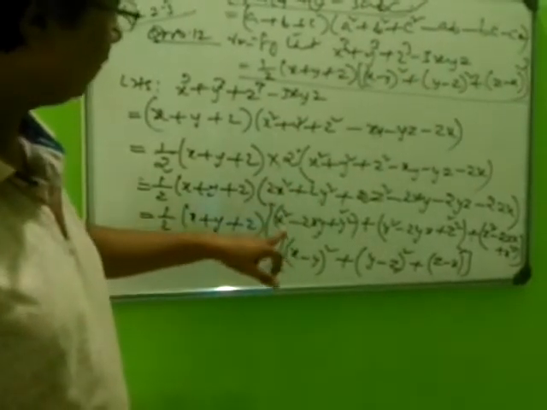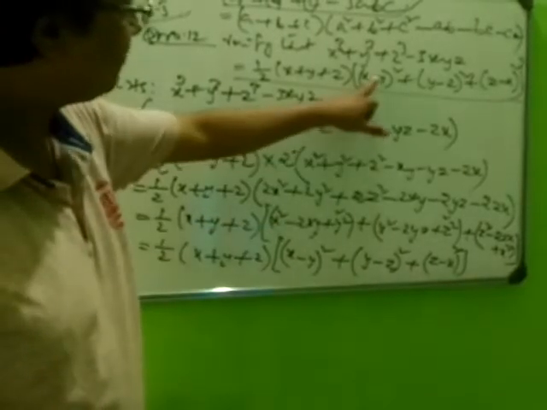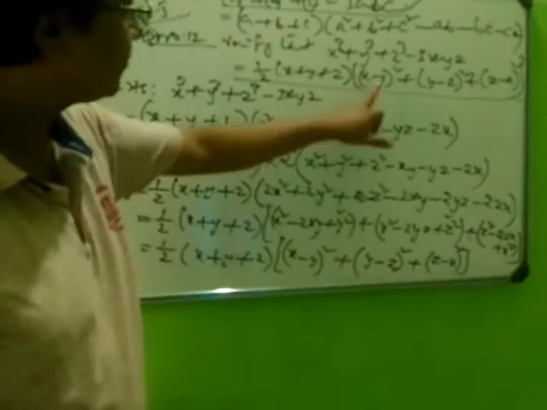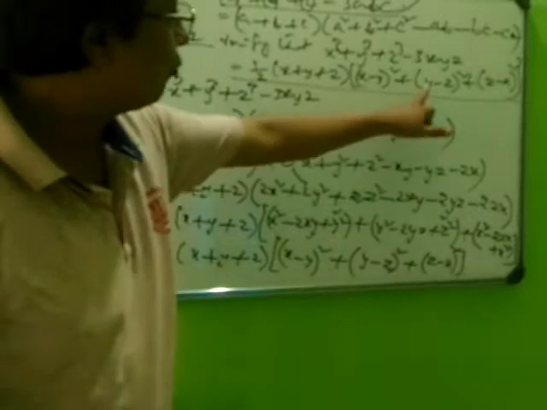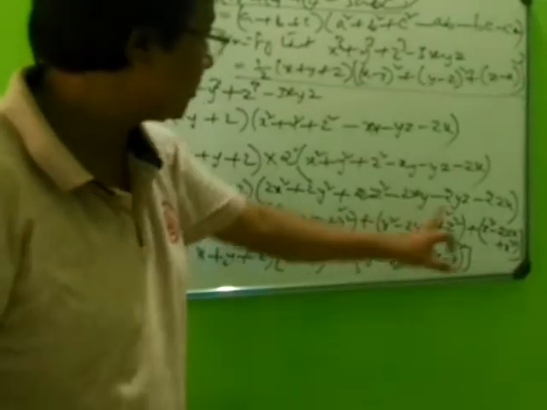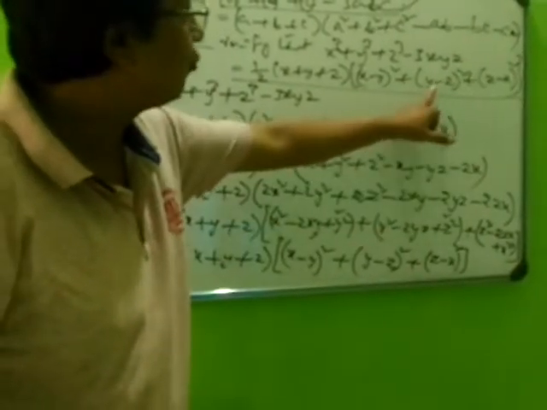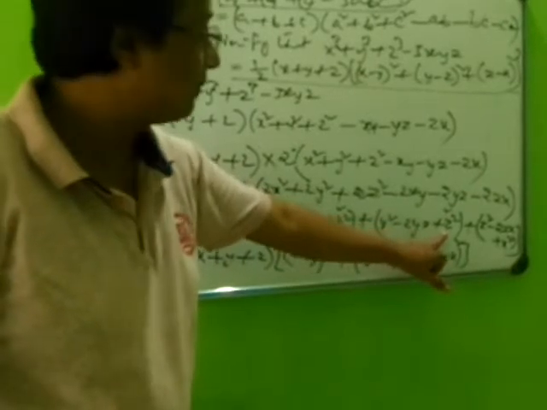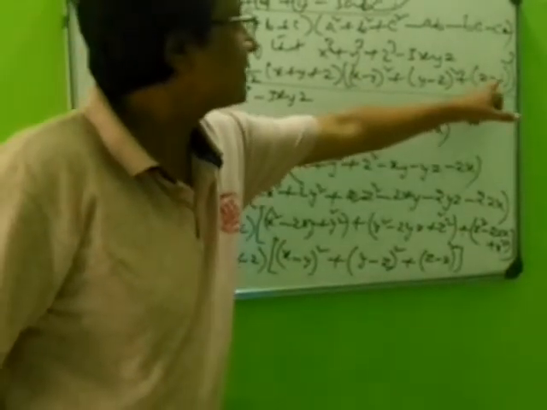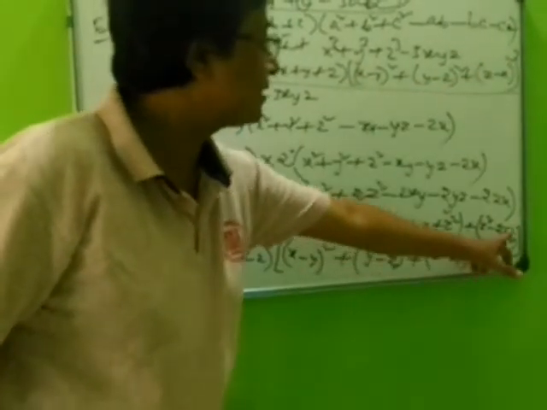So now here x square minus twice xy plus y square. Next one, y minus z whole square, so it is y square minus twice yz plus z square, plus z minus x whole square, so z square minus twice zx plus x square.